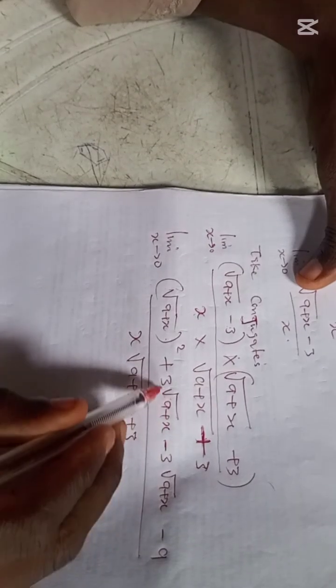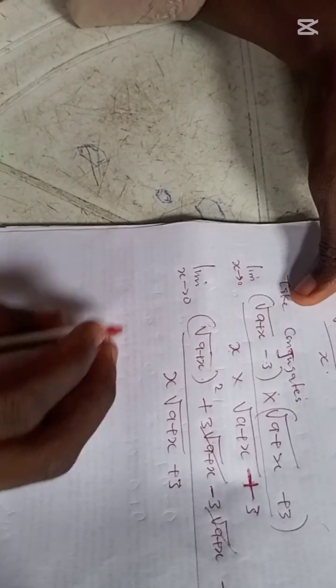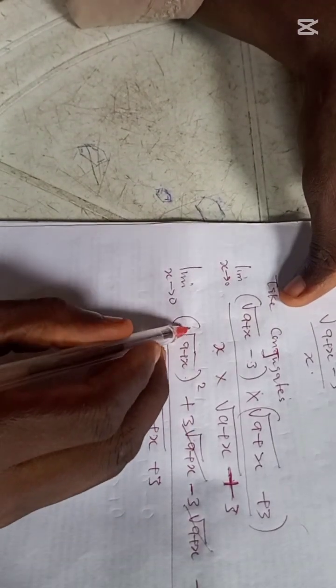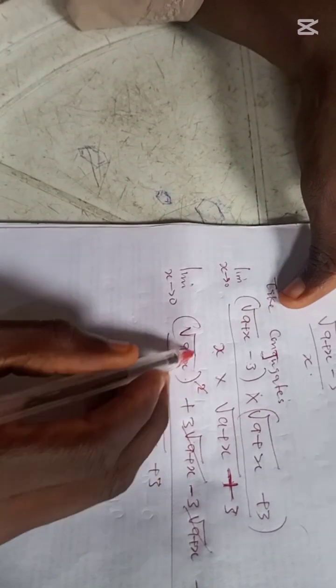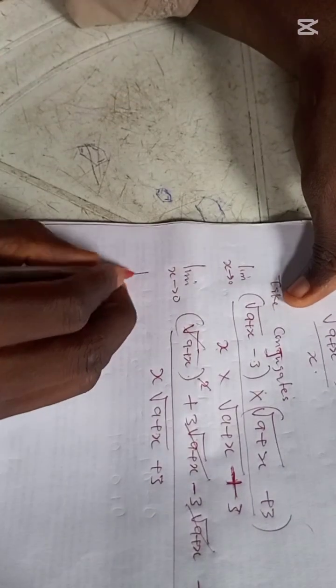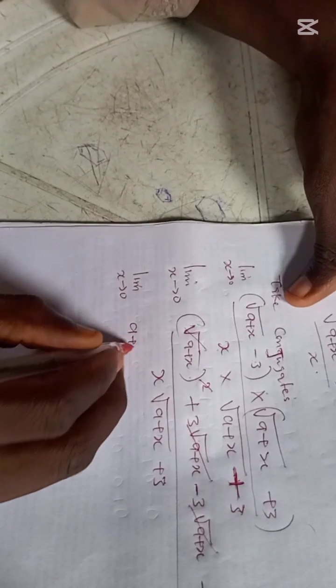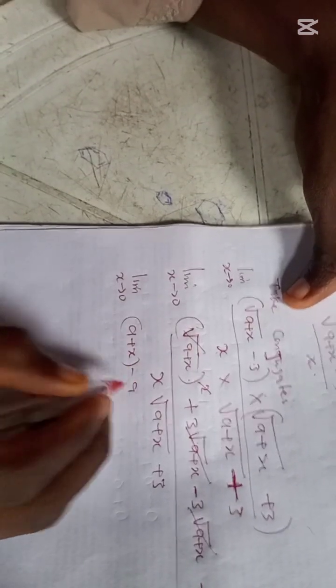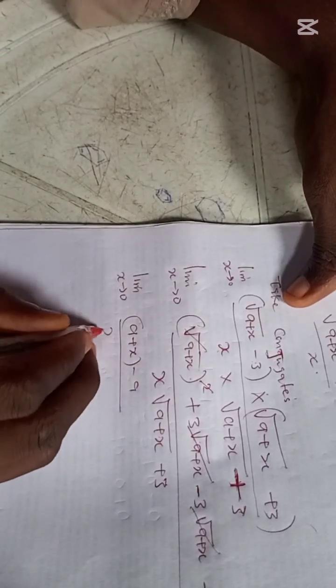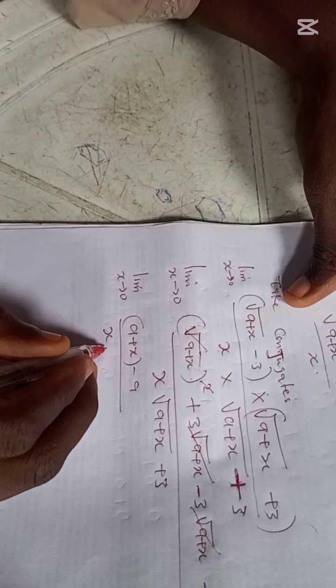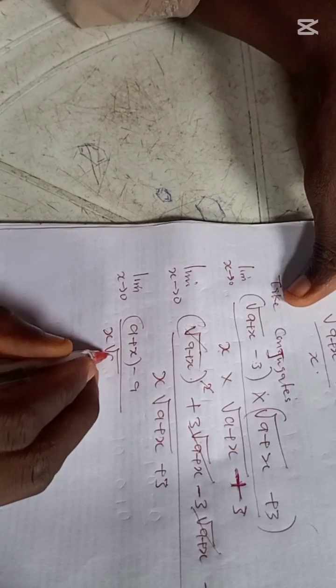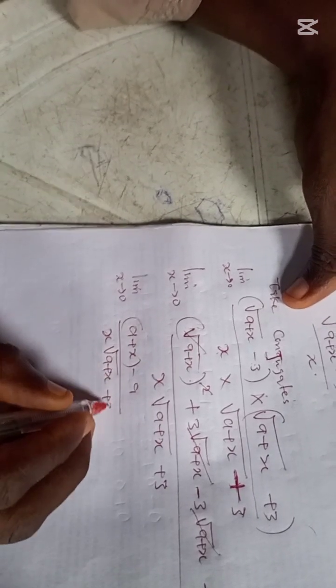If you see very well, this and this can cancel out. You also see that this is a root sign and this is a square, so this can cancel out this. So I'm left with the limit as x tends to 0 of 9 plus x minus 9 over x times root 9 plus x plus 3.